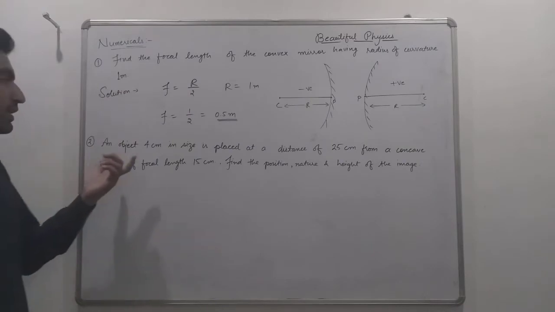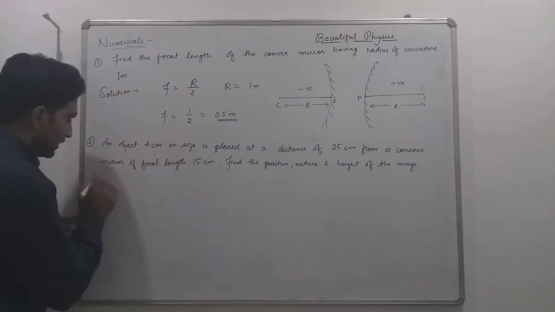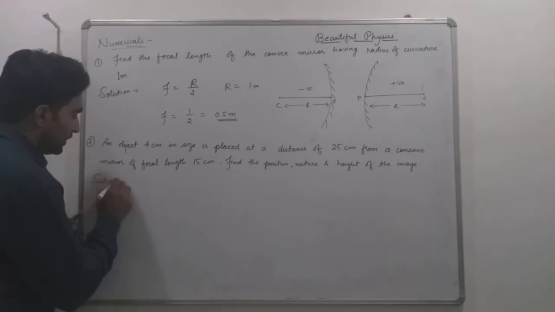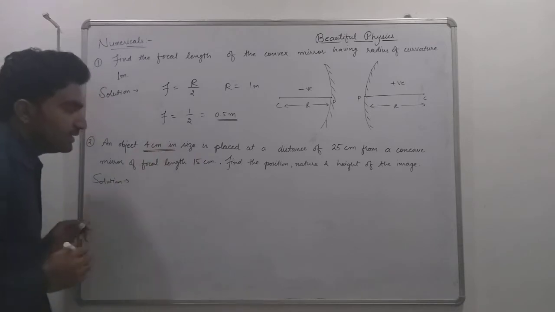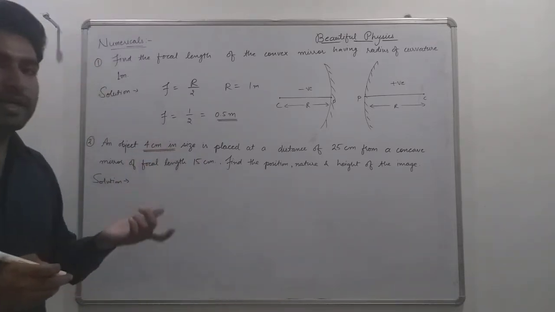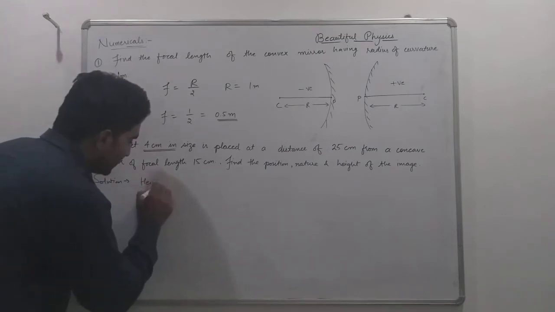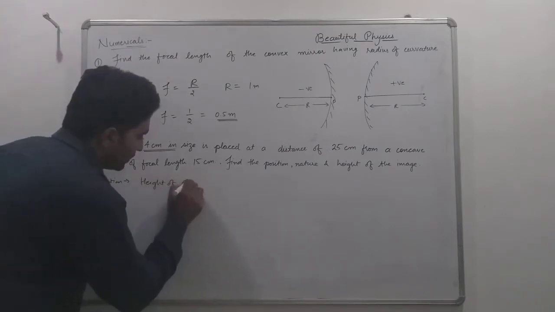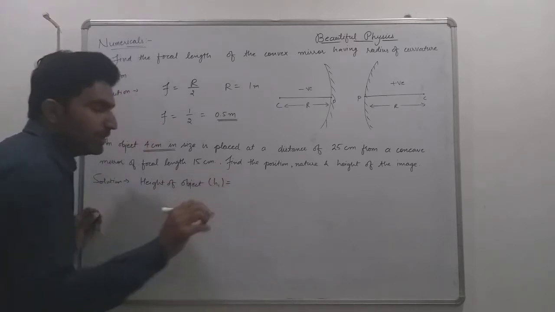An object 4 cm in size. Here the data is given that the object is 4 cm in size, meaning 4 cm is the height of the object, and the height of the object is represented by h1 or simply by h.